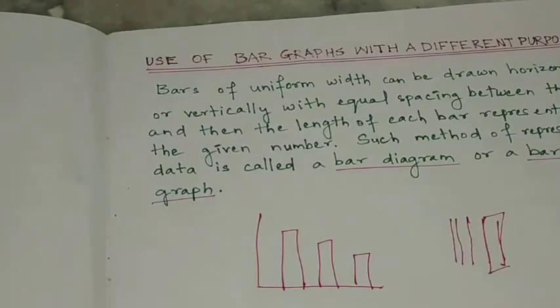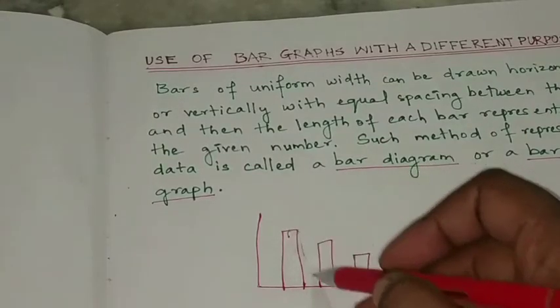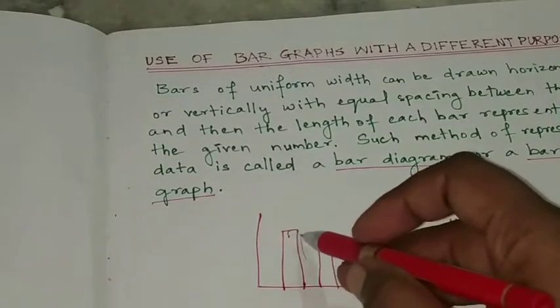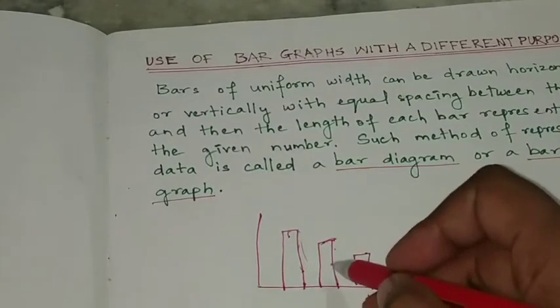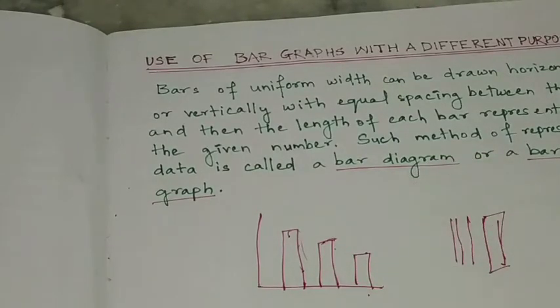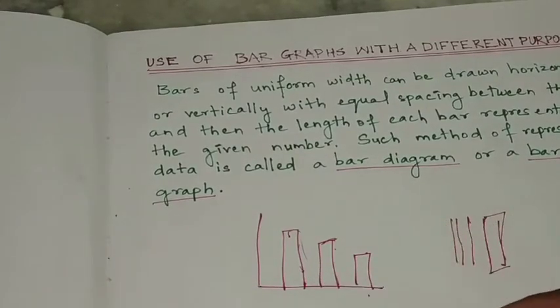There will be equal spacing and varying length of bars. Look, this bar is longer than this bar, and this bar is longer than this bar. So these bars represent the given numbers, and this can be horizontal or vertical.